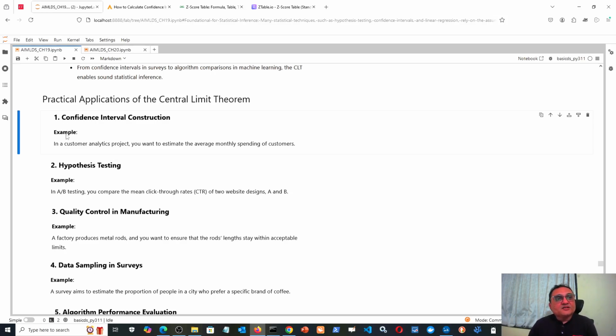So confidence interval construction. For example, in a customer analytics project, we want to estimate average monthly spending of customers with a certain confidence level. So suppose you want to decide what will be the revenue of your streaming platform. Suppose you are in charge of some Netflix or that kind of streaming platform, and you want to estimate what kind of revenue you can expect in the coming months.